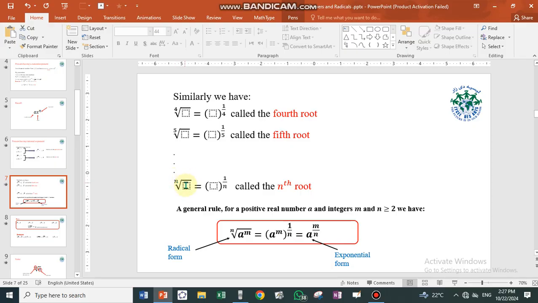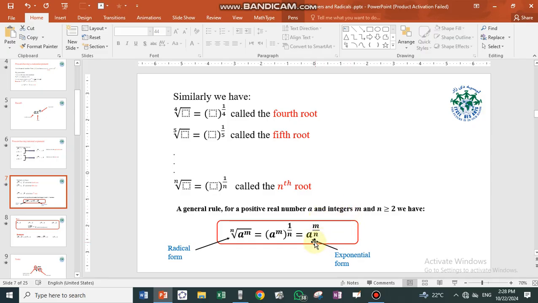It cannot be 1, it's 2 or more. So the general form is the nth root of a exponent m, which is nothing but raising a exponent m to the power 1 over n, remember, 1 over n, which is a exponent m over n.